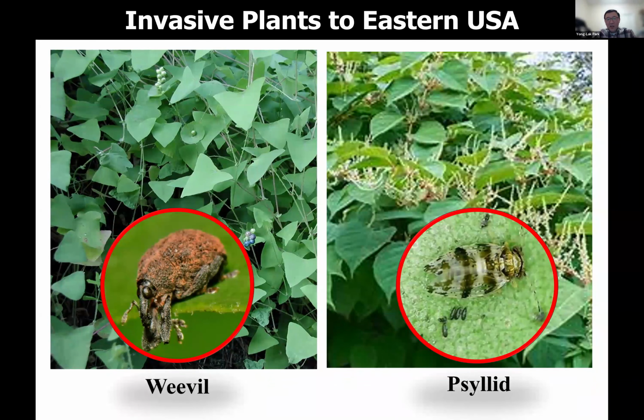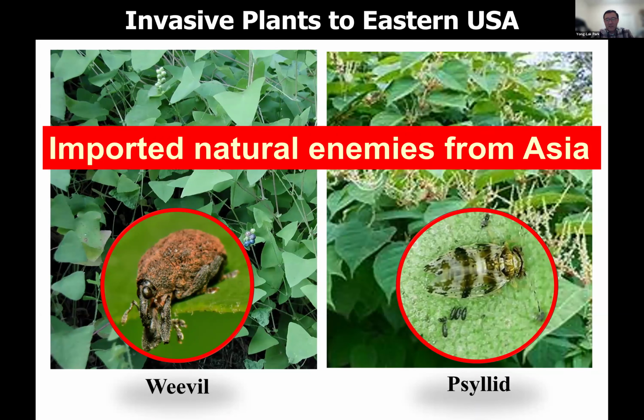Fortunately, we have natural enemies of these invasive plants. Where did we get those? We went back to Asia, where the invasive plants came from, and imported natural enemies. I said imported, but this is a 5 to 10 year process, because before we import, we have to test for environmental assessment and all of that. Generally, the USDA, U.S. Department of Agriculture, does these things, and these insects are now available in the United States.